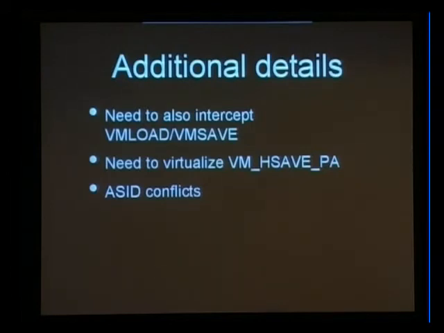Also, it's a good idea to virtualize the host save via physical address, because it should be modified by the nested hypervisor, but we cannot change this value on the real machine, because there is no stack for these physical addresses. So we have to store each of them and then substitute this value in the intercept handler for the host save via machine-specific register.